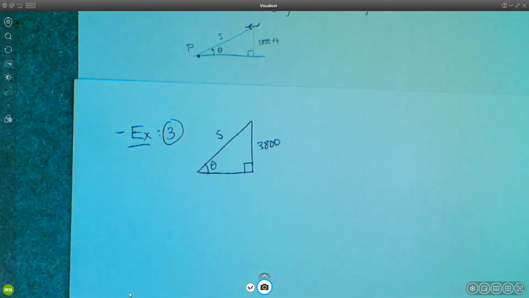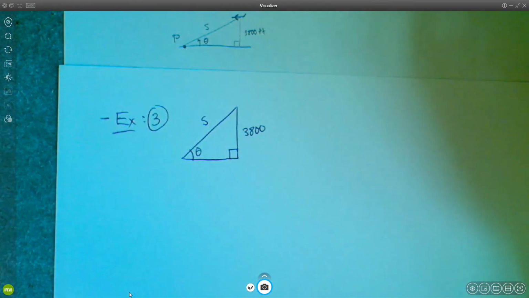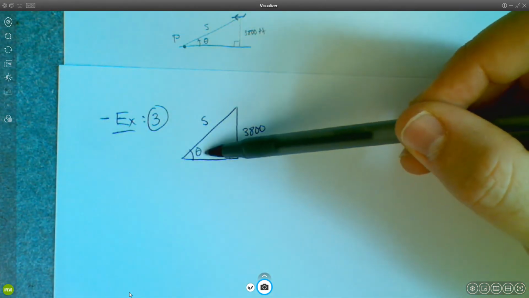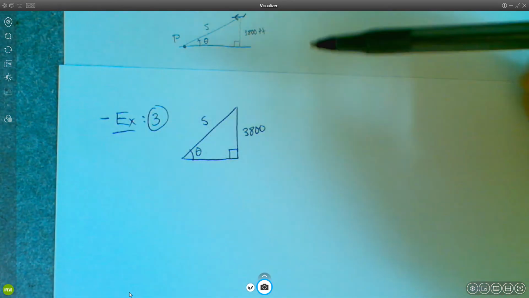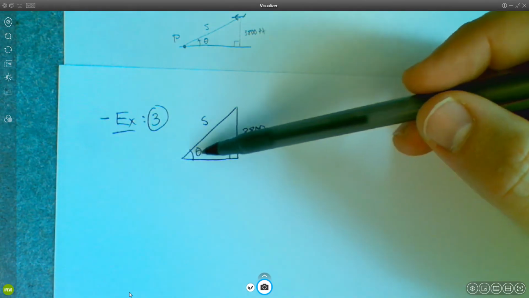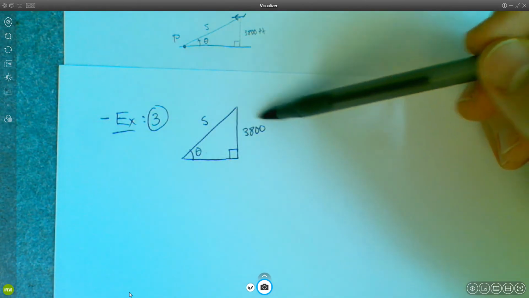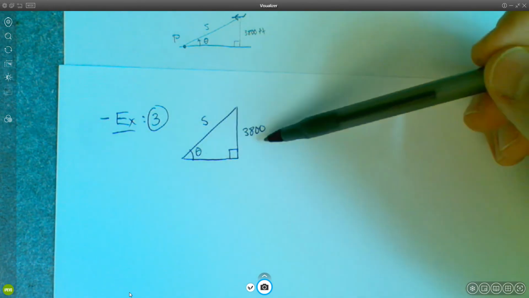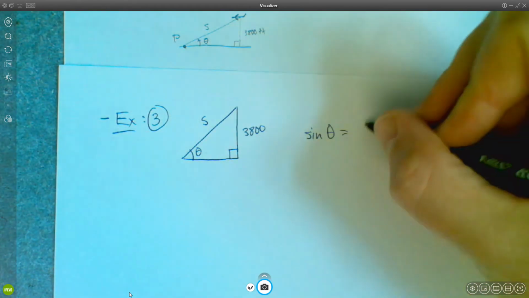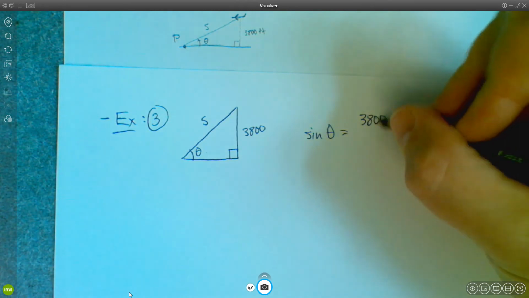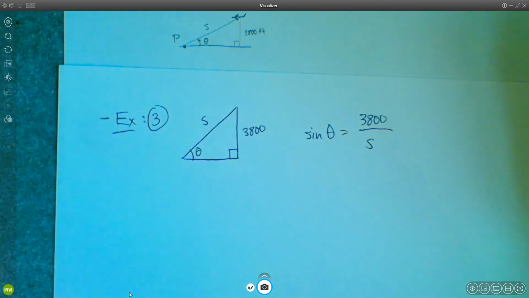Okay, so this is the scenario. And so I need to figure out a way to relate theta to this distance s. Well, I could use a trig function for that, right? So in particular, I could say sine theta is opposite over hypotenuse, right? So sine theta is 3800 over s.